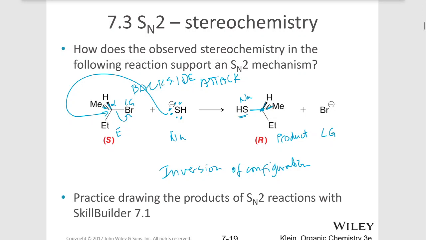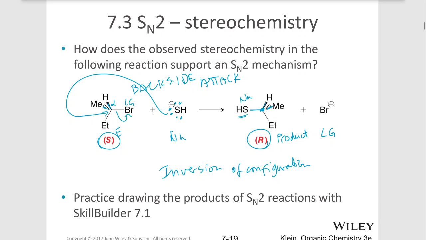What does that mean? That means if we had an S configuration, then chances are in the end we're going to have an R configuration. So it always flips, but the only time we don't go from, say, S to R or R to S would be if that nucleophile was lower priority than one of the other groups that's attached. So this might not be 100% true, but we always get inversion of configuration.